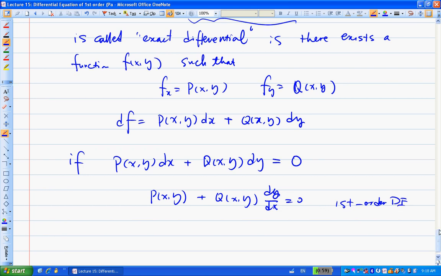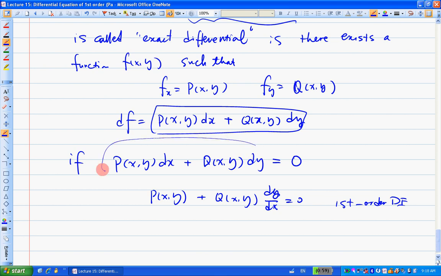So if I'm asking you to solve this one, that looks pretty complicated because you've got x and y tangled here. However, if this expression is basically the total differential of a certain function f, then my whole left side can be written as just df equal to 0.